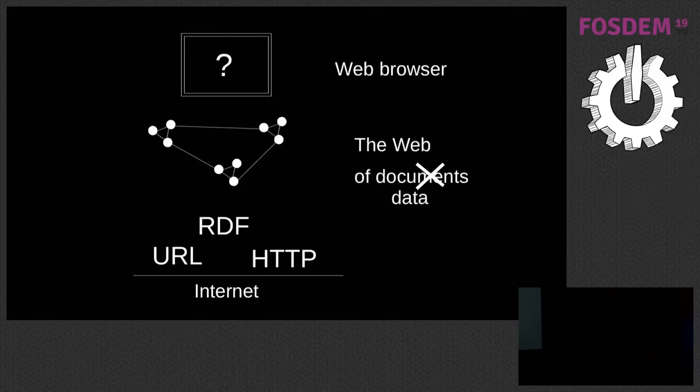That's data that you can easily parse with a program and extract the information you want from and reuse. So when you start to publish data, and here you have a network of data instead of a network of documents, what do you use to browse that data? That's the main question the project comes from.